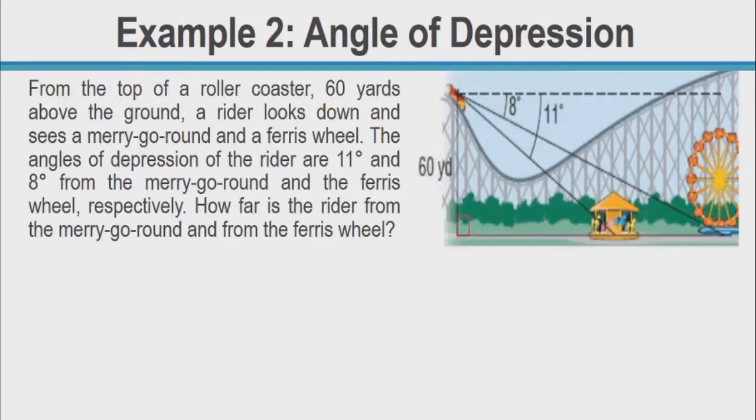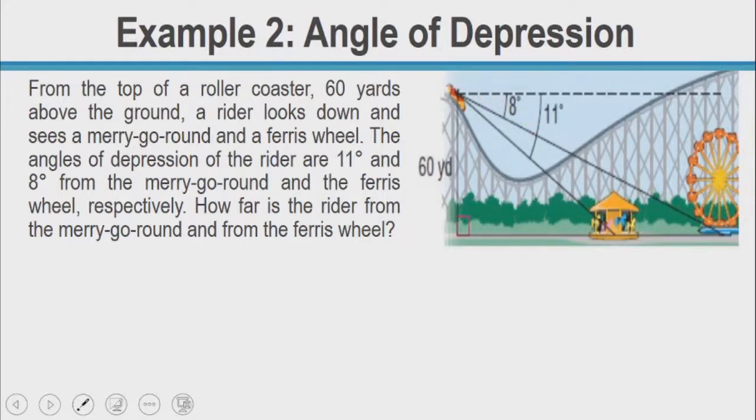In this second example, it appears that we are at the amusement park. The roller coaster is 60 yards from the ground. A rider on top of the roller coaster is looking down to this merry-go-round and also looking down to the Ferris wheel.